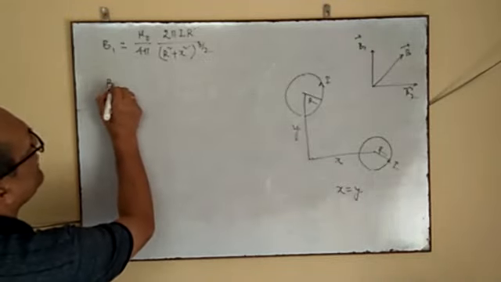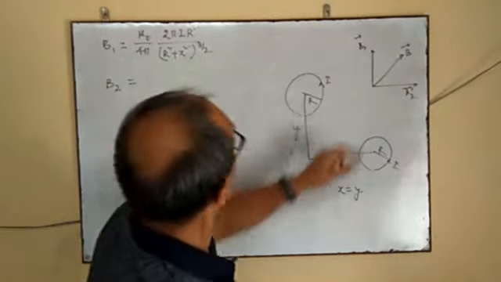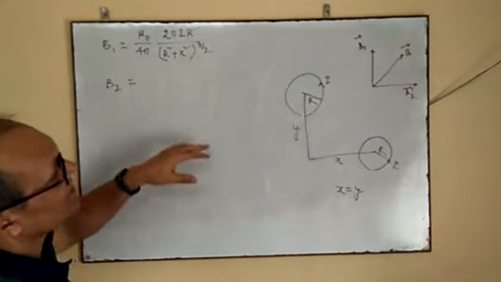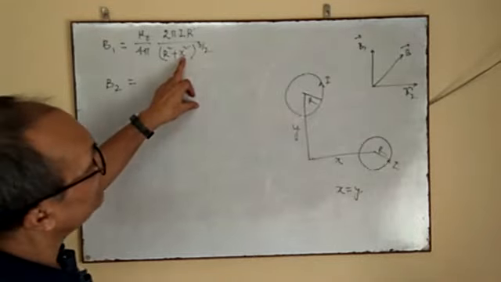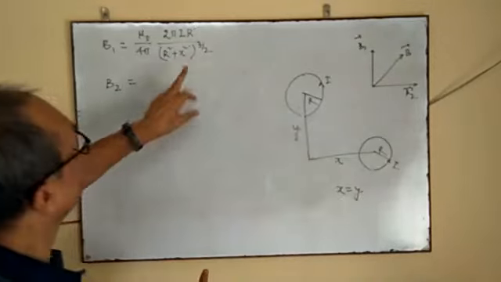Now the value of B2. B1 I am writing here in the place of y, this direction, x, because both are the same.